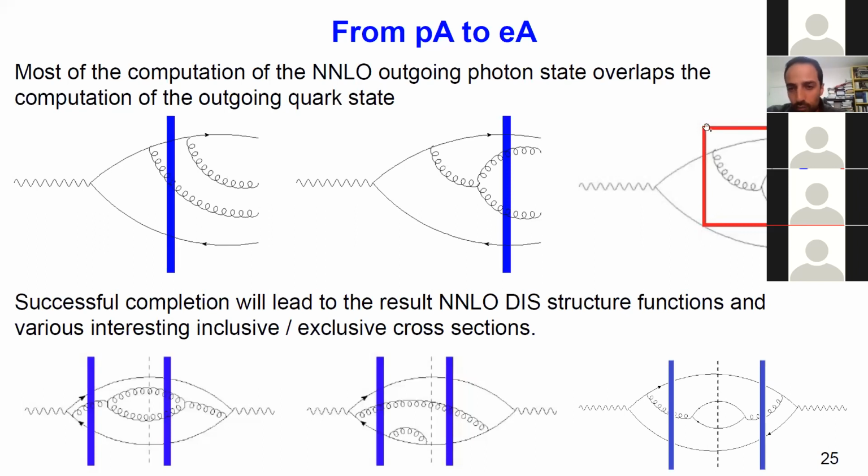We want to check the possibility to dress this wave function with what we found for the evolution of the quark. By doing that, we will be able to arrive at the NLO outgoing state. And then we can find some interesting cross sections, as you can see at the bottom of the slide. So this is another good idea for future projects.